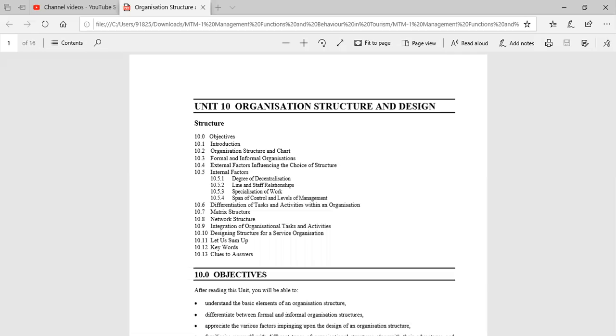So unit 10, organizational structure and design. Okay. So today's chapter is unit 10, organizational structure and design.